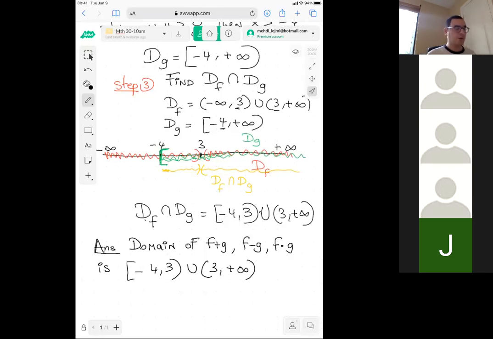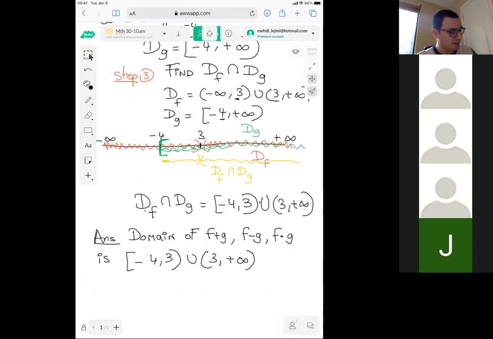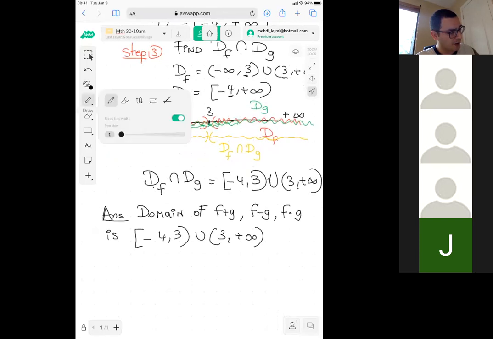Now, of course, f over g is still missing. f over g has a special treatment because we need to exclude the values where g of x is equal to 0.